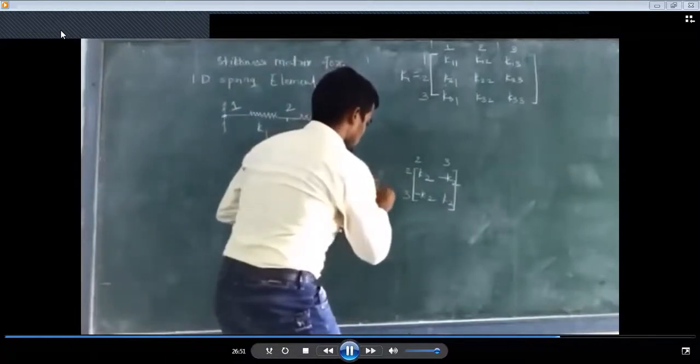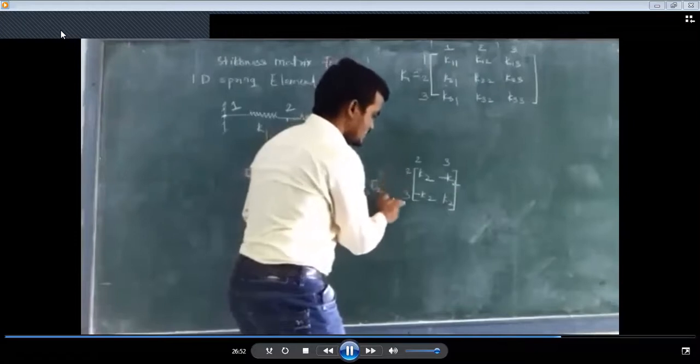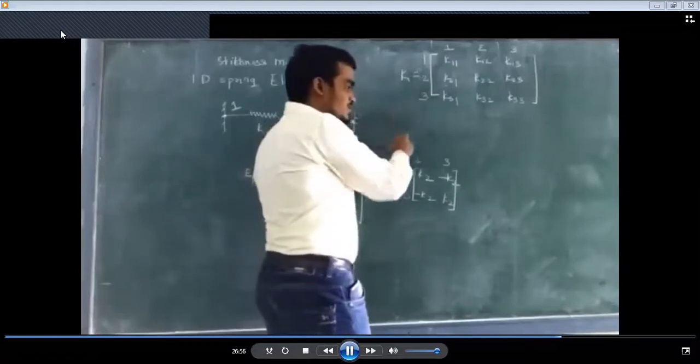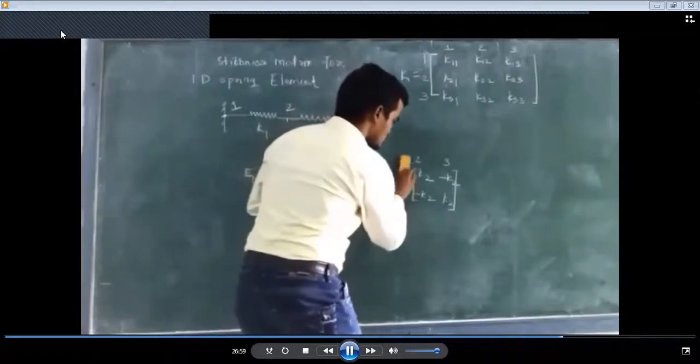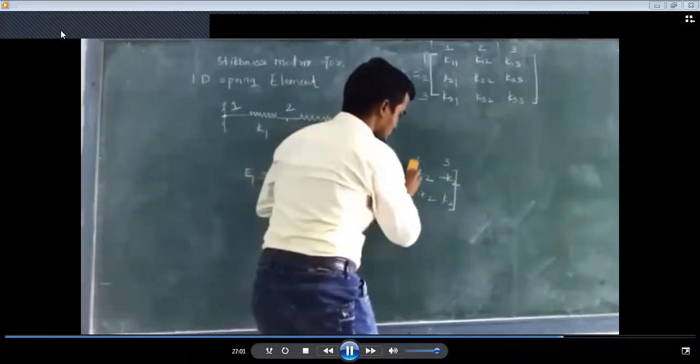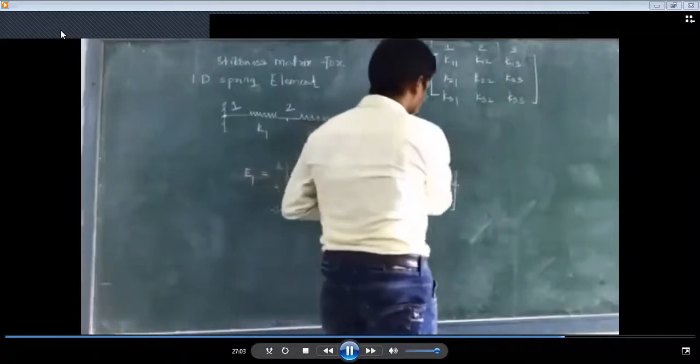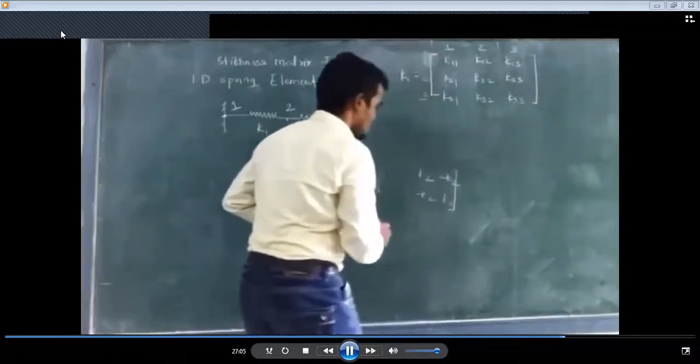Similarly, E2 can be written in order of 3 by 3. In this case, we need to add the first row and first column. So let us see how we can add this first row and first column to this elemental stiffness matrix.